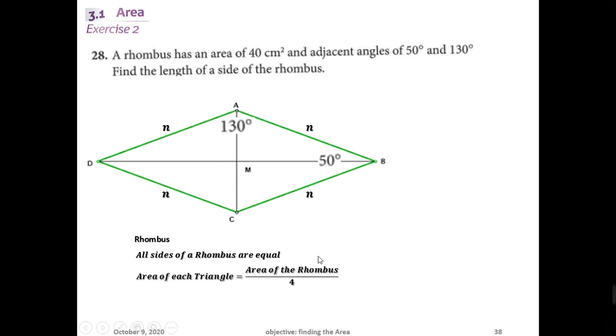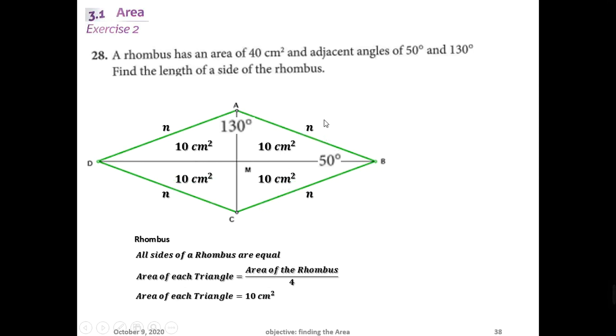So each triangle is equal to the area of the rhombus divided by 4. Why by 4? Because I have 4 equal triangles. Accordingly, this is 40 divided by 4 and the answer will be 10 centimeters squared. So each triangle has an area of 10 centimeters squared.